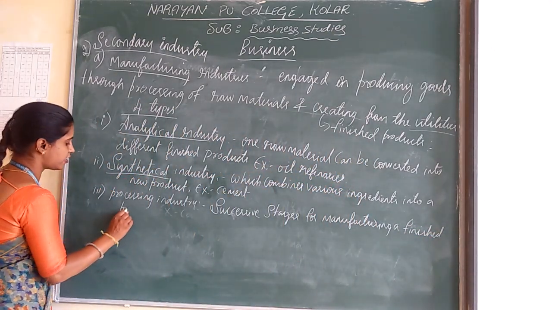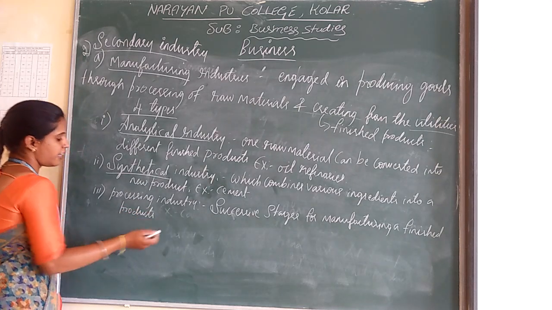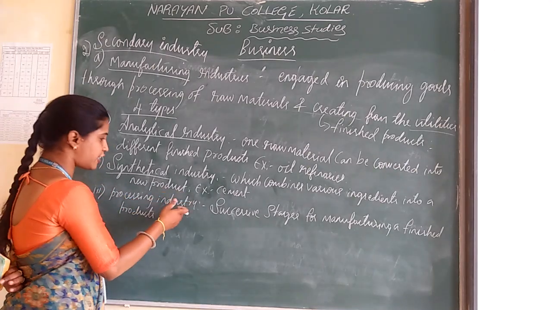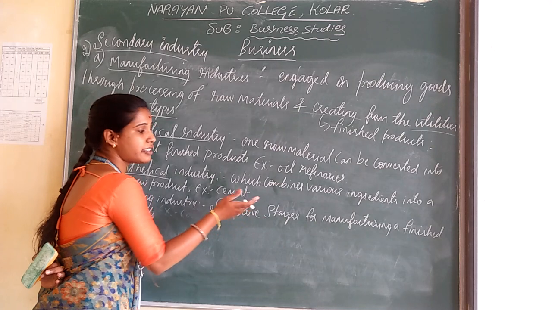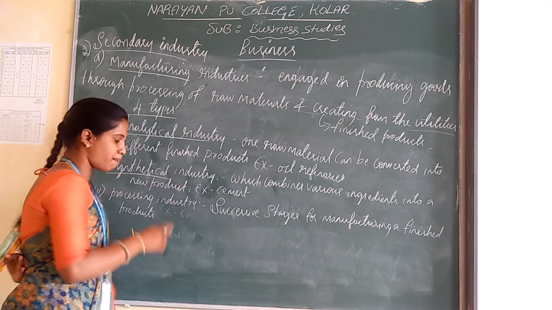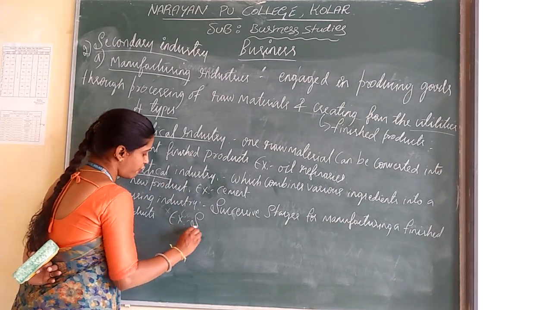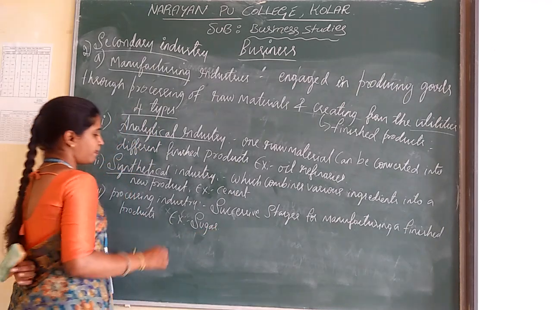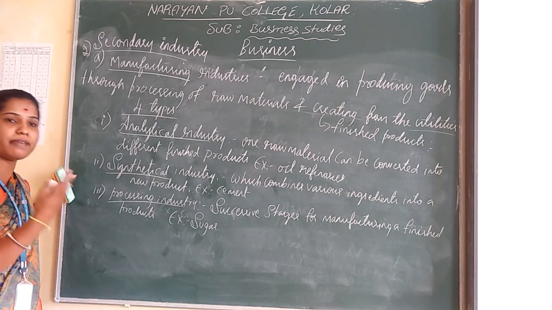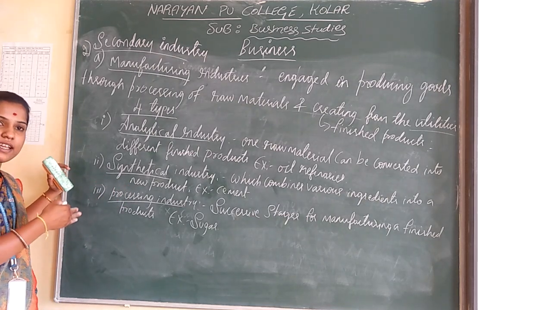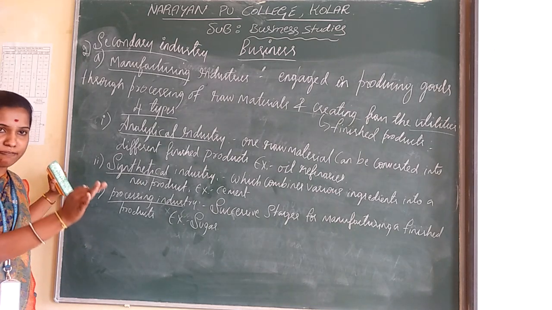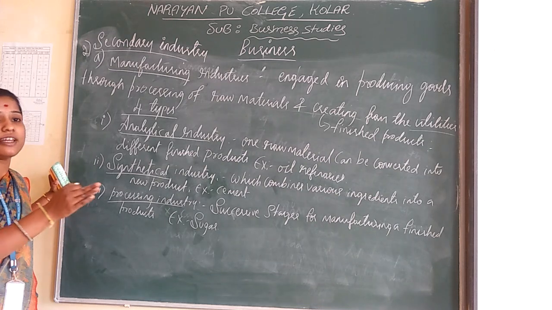For example, sugar. So everybody got the meaning of processing industry. In simple words, here they are going to manufacture finished products.